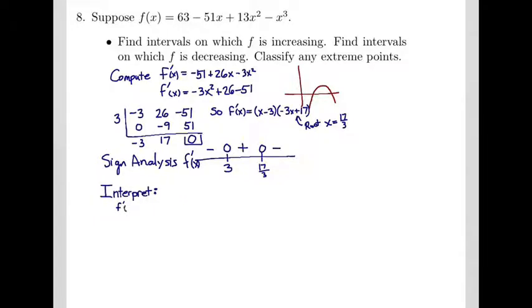Our derivative is greater than 0 on the interval from 3 to 17/3. That implies that the original function is increasing on the same interval.